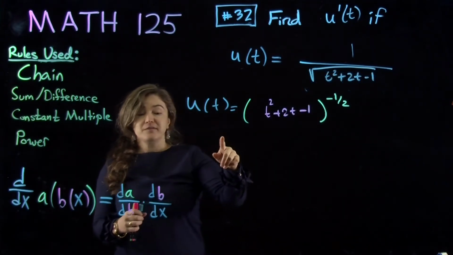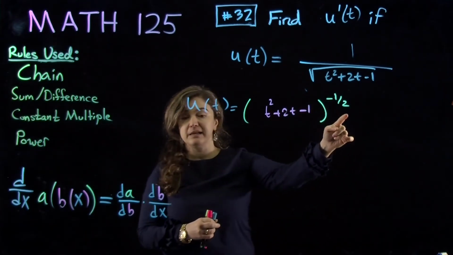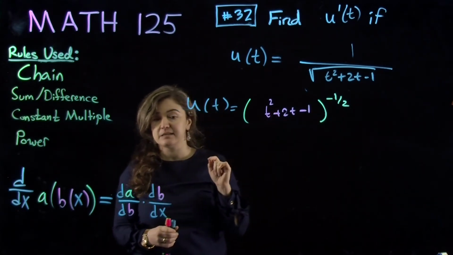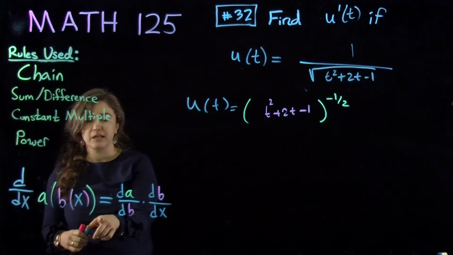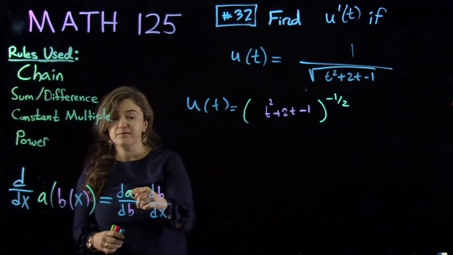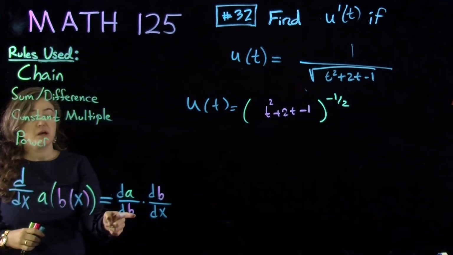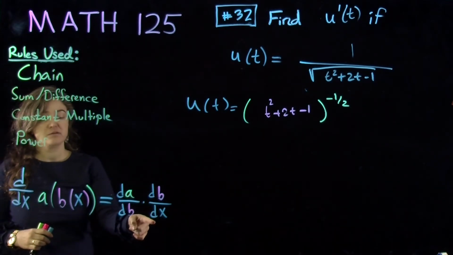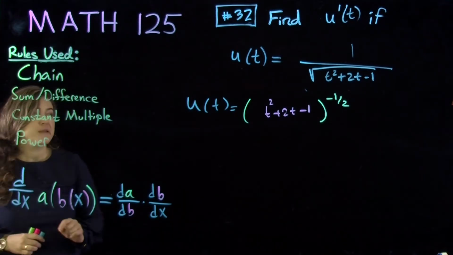So now taking the derivative of this composition, outer function to power negative 1/2, inner function t squared plus 2t minus 1. The chain rule in Leibniz notation tells me I'm supposed to take the derivative of the outer function with respect to inner, times the derivative of the inner function with respect to the variable I'm taking the derivative with respect to.